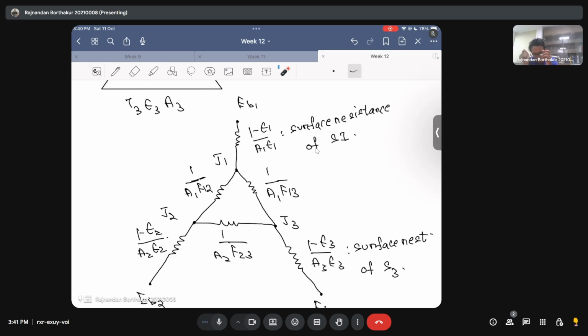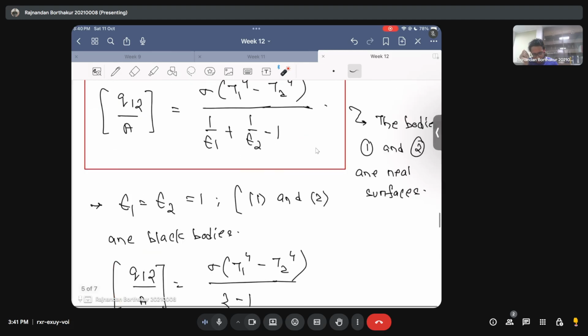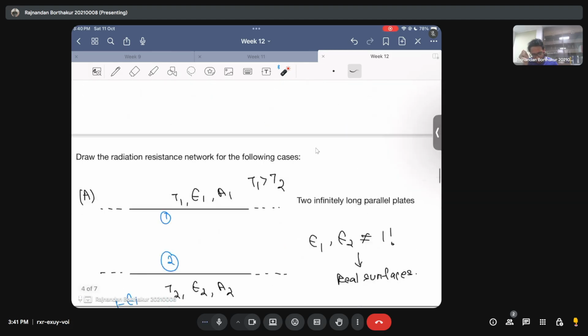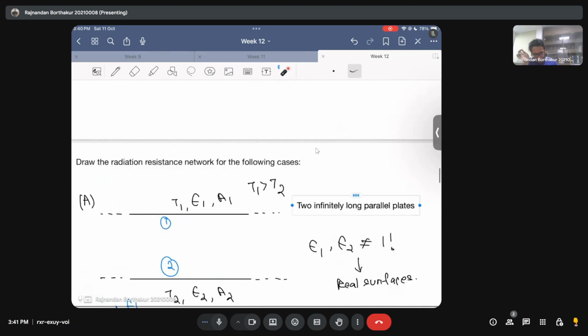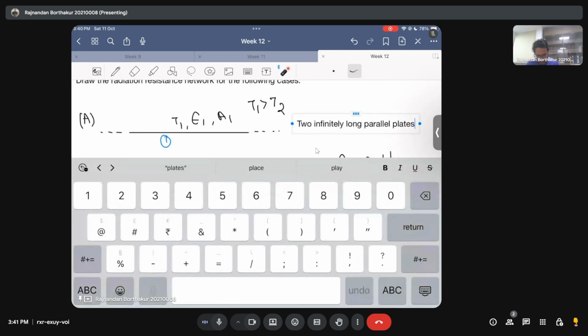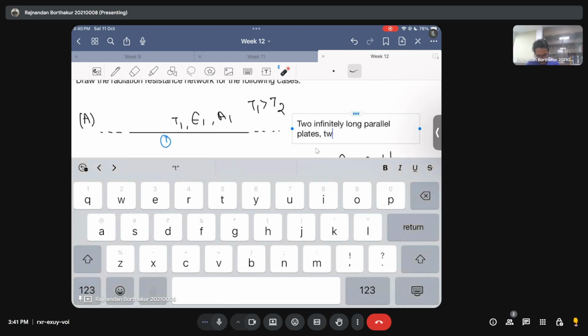By the way, this is known as the 2-zone enclosure problem. As I'll write it here, this is also sometimes known as the 2-zone enclosure problem.